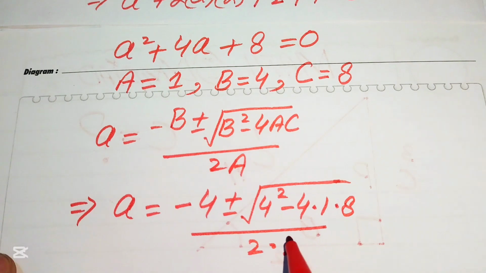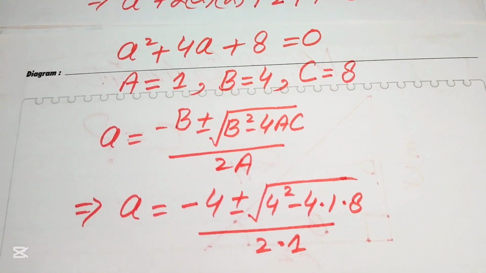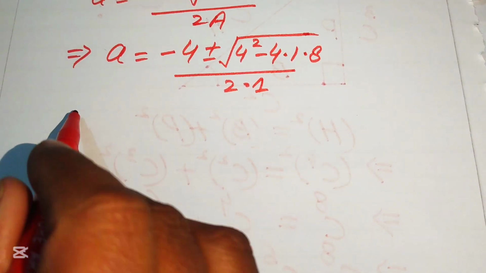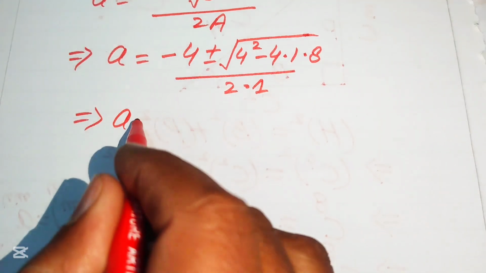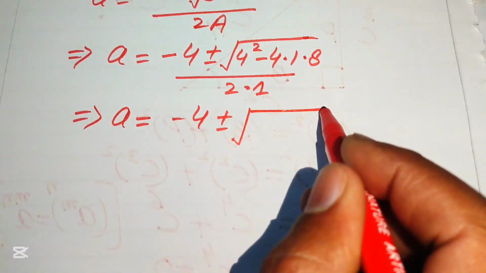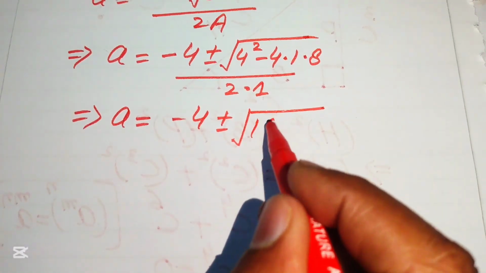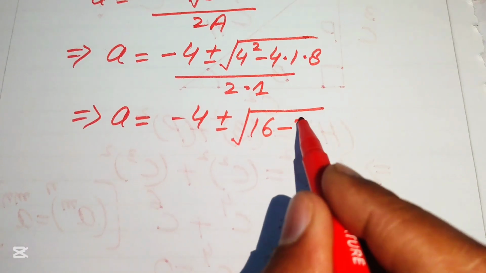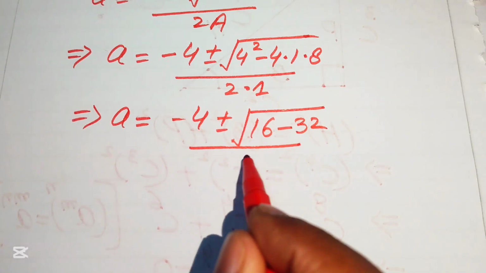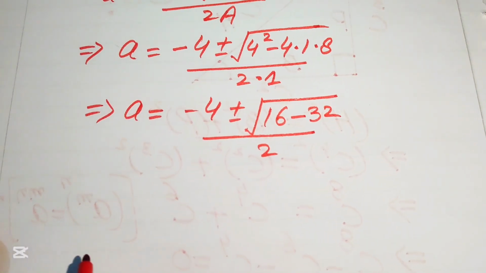So here our a is again 1. So after this step, here we have some more simplifications, and we write it as a equals minus 4 plus minus square root of 4 square equals 16 minus 4 times 8 becomes 32, and it is divided by 2 times 1 equals 2.